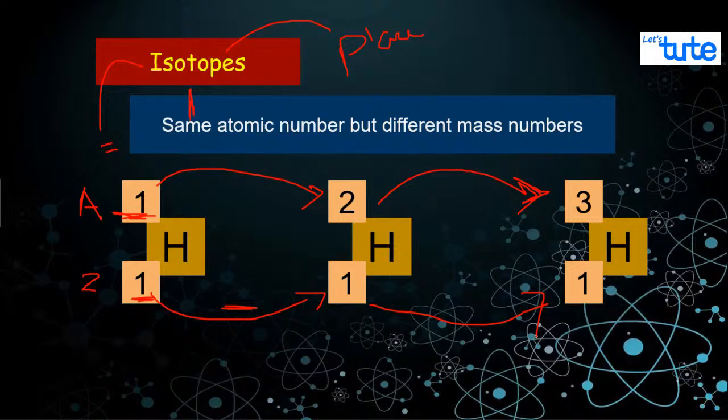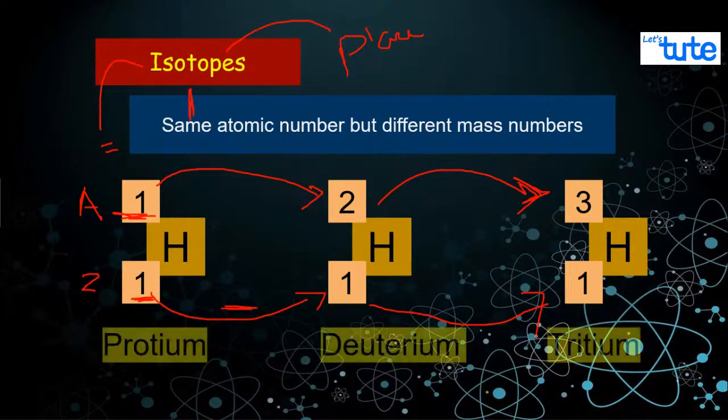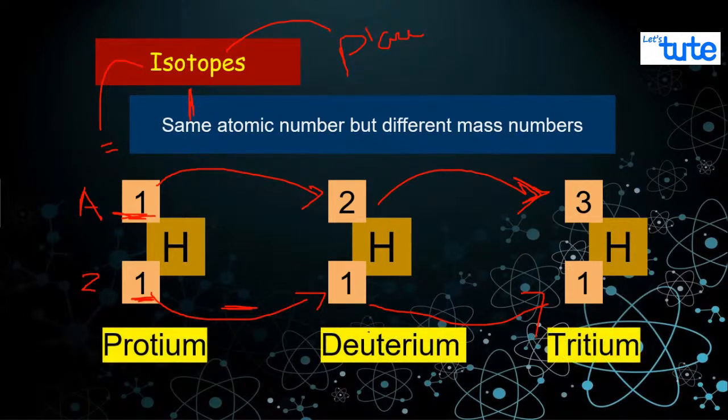These isotopes have different names also: protium, deuterium, and tritium are the three different names for these isotopes of hydrogen. Protium has atomic mass 1, deuterium has atomic mass 2, and tritium has atomic mass 3.